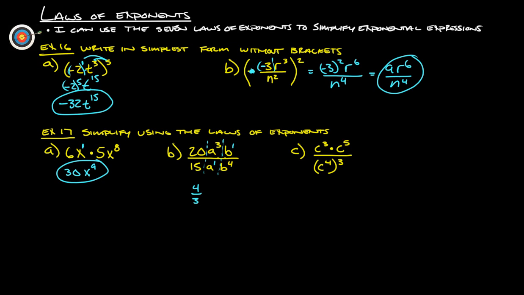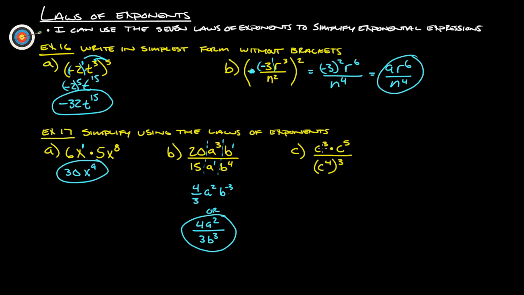A to the third over a to the first, 3 minus 1 is a squared. B to the first over b to the 4th is b to the negative 3rd. So we could write it like that. Probably a better way would be, since we have a 4 over a 3, 4a squared, 3 is already on the bottom, and let's move this b to the negative 3rd down to the bottom to be b to the positive 3rd. So that's probably our best bet.